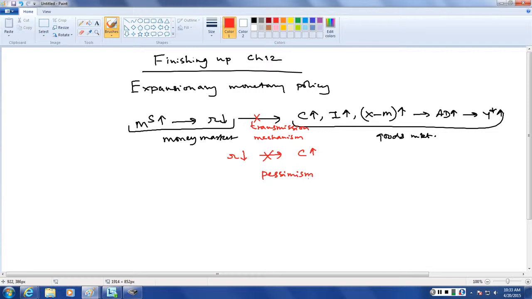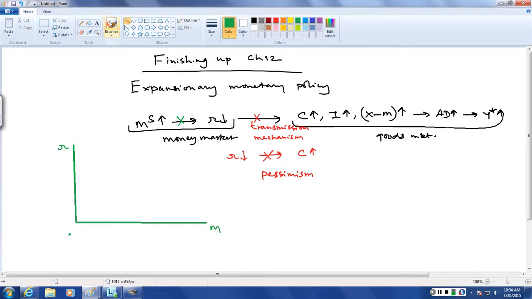Now, the other connection that may be broken is the one here, which is the money supply rises, but the rate of interest doesn't fall. Now, when might something like this happen? This is a very peculiar situation. I'm going to draw the diagram of the money market again quickly. So we have the quantity of money, we have the rate of interest, we have the money supply curve and the money demand curve.